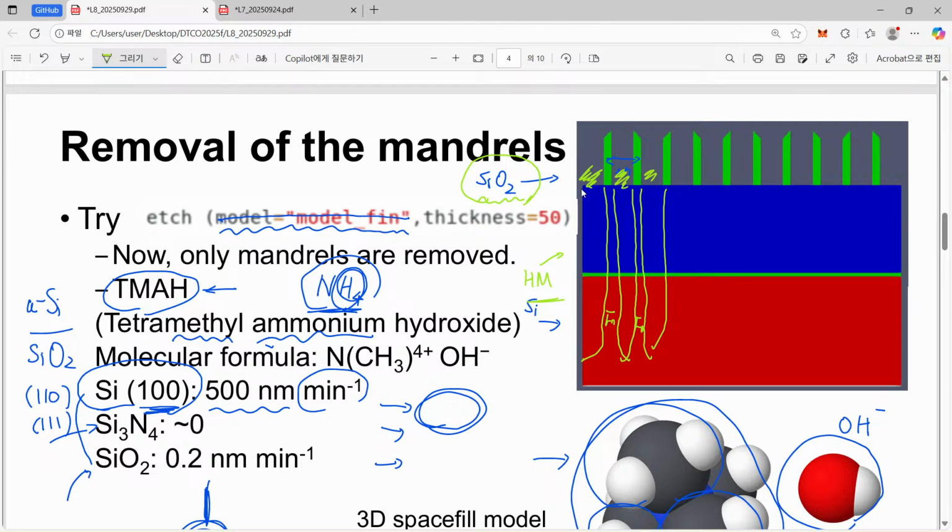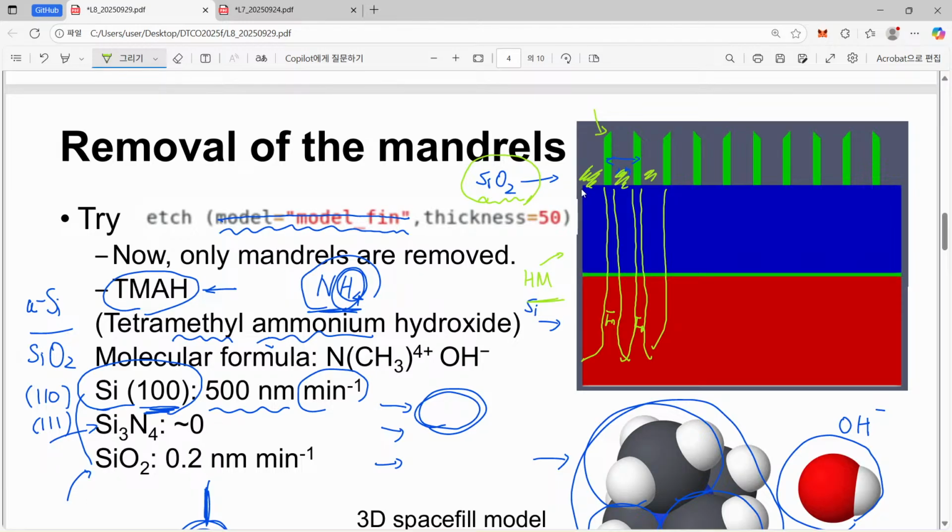In order to perform this kind of deep etching, this layer should keep its shape as much as possible. However, this silicon dioxide layer is not strong enough till the end of the etching process.